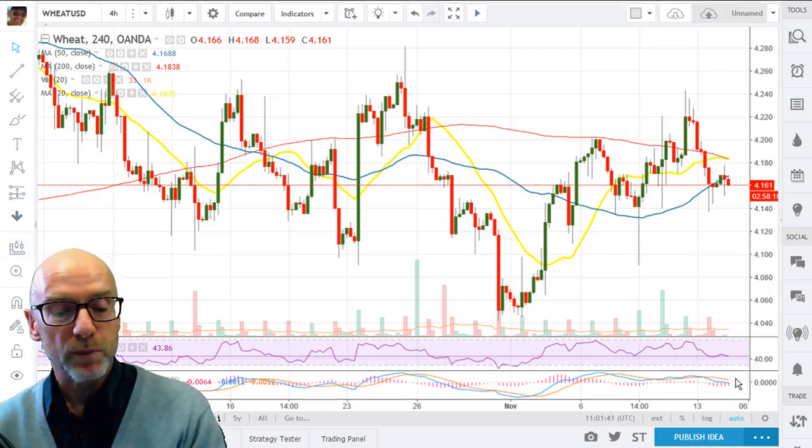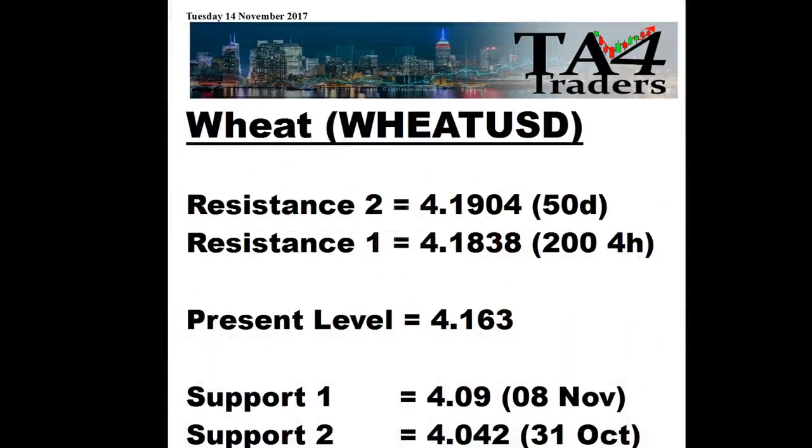Looking at support and resistance levels, there's resistance at the 200 4-hour, that's 4.1838, and then at the 50-day, which is at 4.19, with supports coming in from the lows of the 8th of November, 4.09, and second support at the low of 31st October, 4.042.